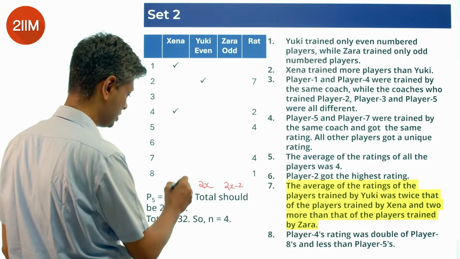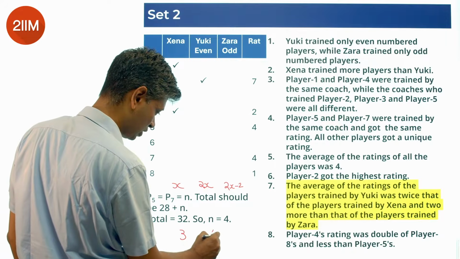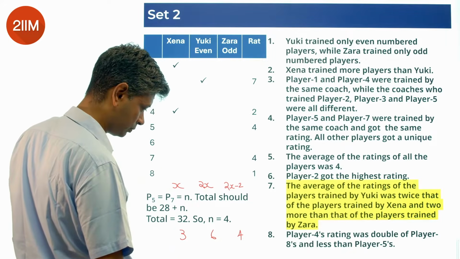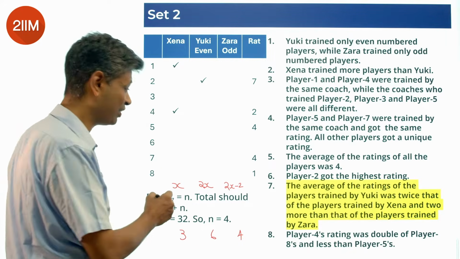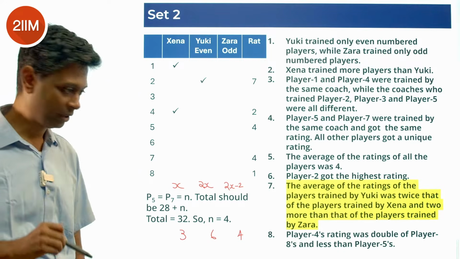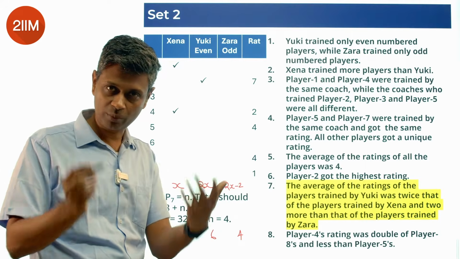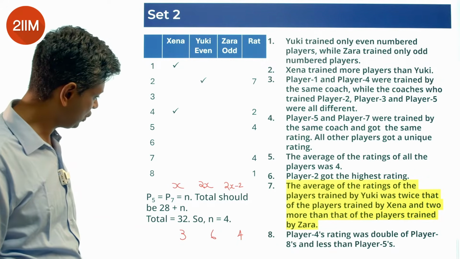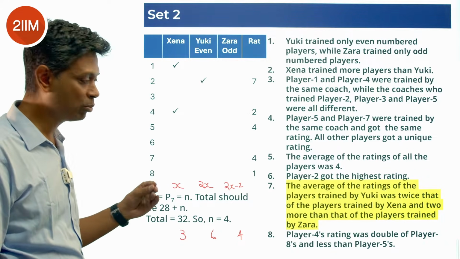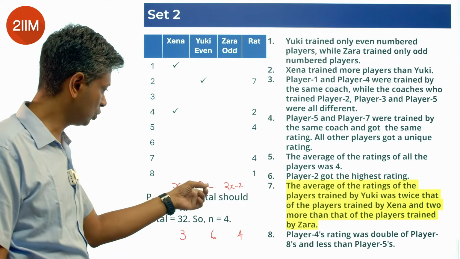Maybe it is 3, 6, 4. Or it could be 2.5. Average need not be an integer. Just keep it in mind. It will be 2.5, 5 and 3. So other combinations also exist. So 3, 6, 4. X has to be more than 2. This is 2, this is 4.